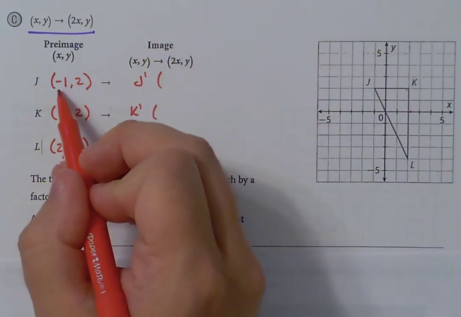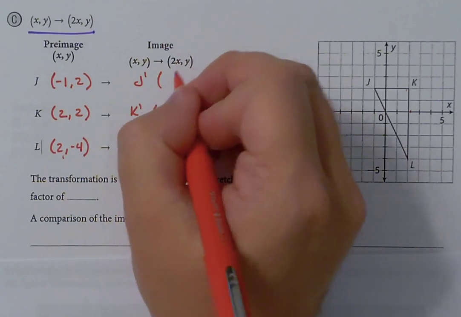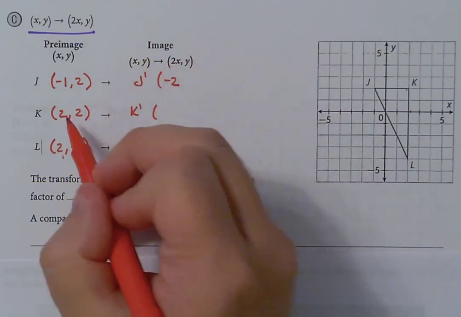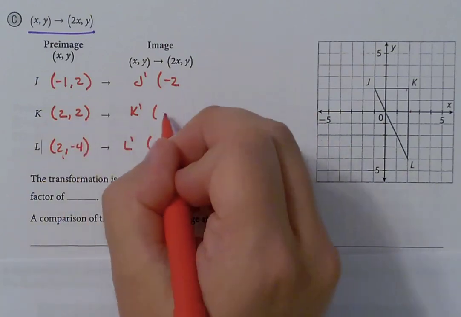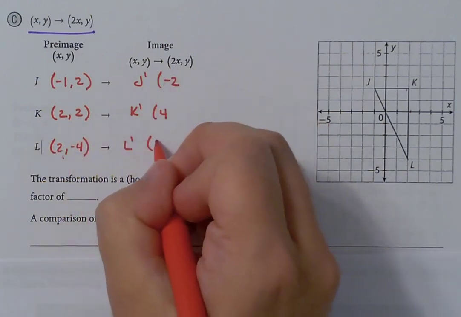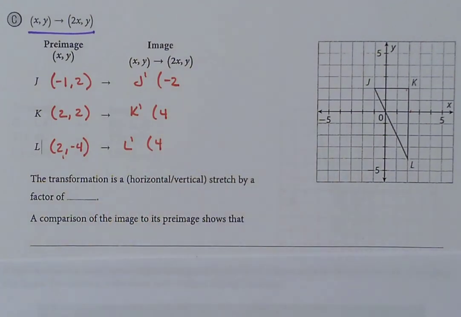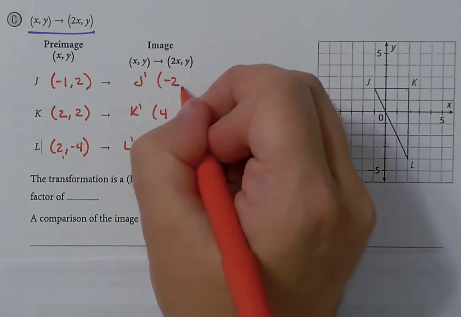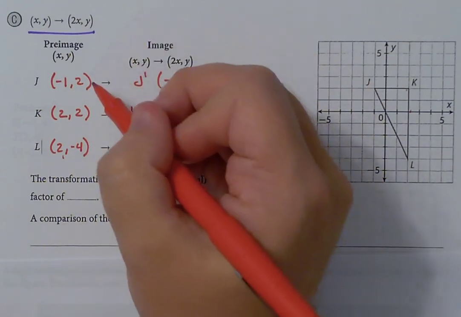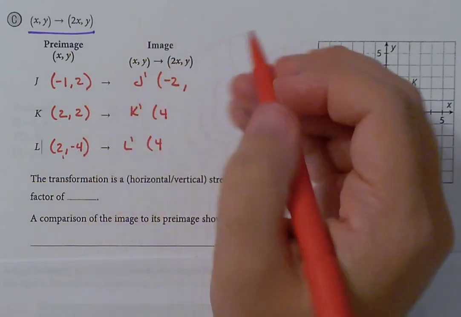So we're going to have 2 times -1, which is going to result in -2. Then 2 times 2 is 4. And then 2 times 2 again gives us 4. So my x values are -2, 4, and 4. And then because we just have y, that means all my y values stay the same. So it's 2, 2, and -4.